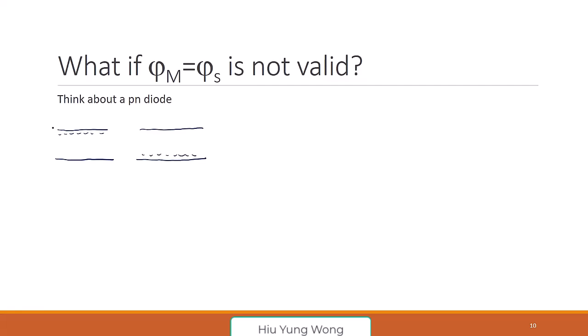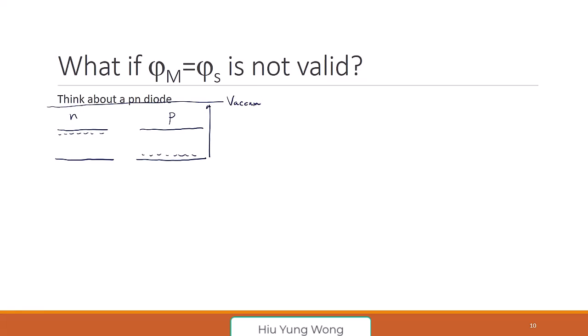What is this? Left is N or P? N. N, thank you. Because the Fermi level is close to the conduction band. And the right is P. When you bring them together, definitely they don't have the same work function, right? Think about this. This is the vacuum.